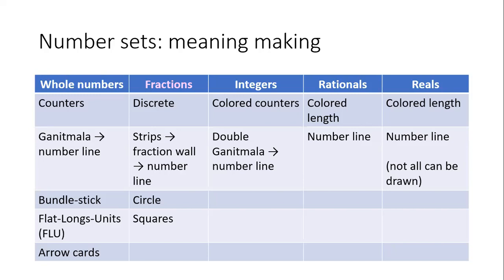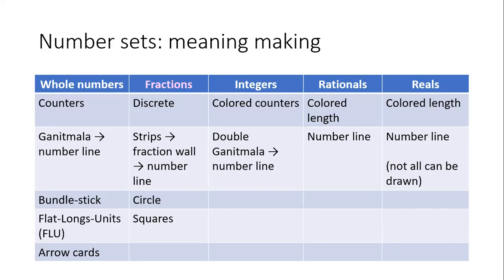In integers, again, you have widely used colored counters, counters in 2 colors, one color representing positive, another representing negative. Now, these colored counters can be extended to colored lengths, and that will work combined with the number line for rationals and reals. Notice that when you get to rationals, you lose both discreteness and quality.